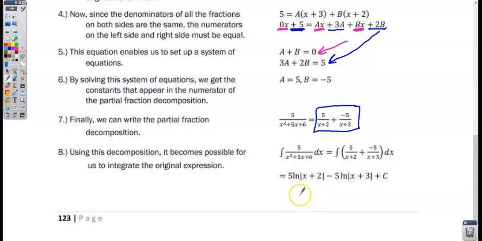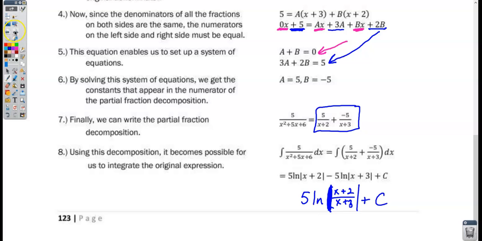We can simplify this using natural log properties. We could simplify this to 5 natural log of x plus 2 over x plus 3. Actually, I need an absolute value there. Plus c. So that's partial fraction decomposition and how it works.